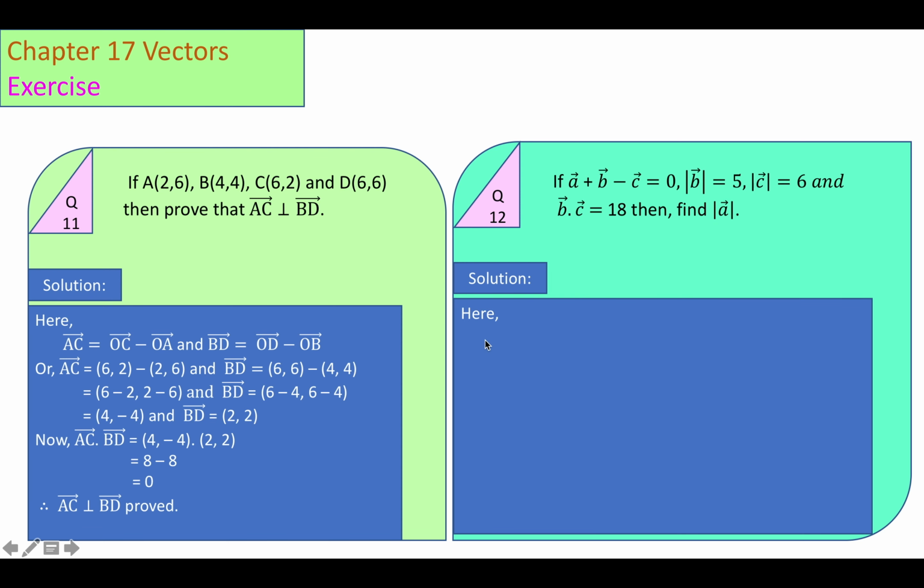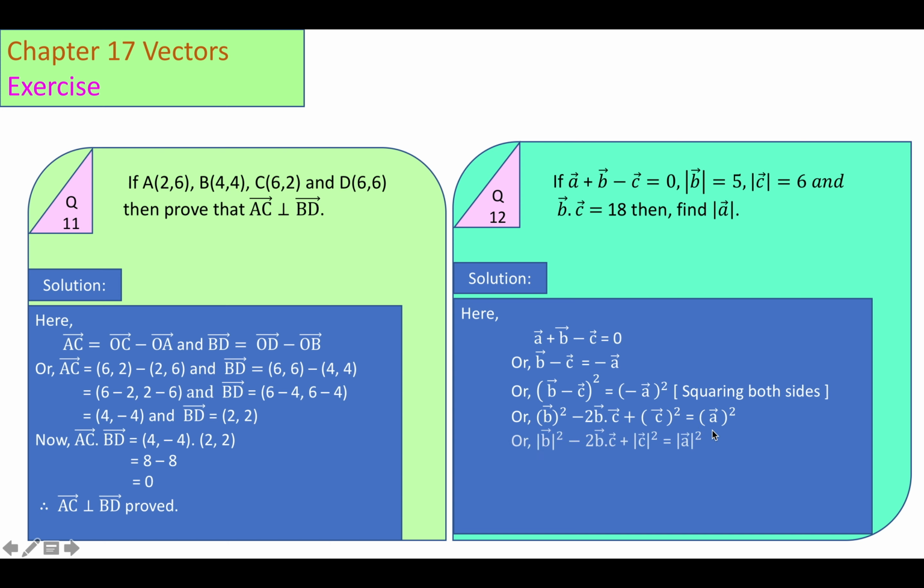Here, vector A plus vector B minus vector C equals 0 is given, so vector B minus vector C can be written as minus vector A. Squaring on both sides, vector B minus vector C whole square equals minus vector A whole square. Now we use the formula of (a minus b) whole square: vector b square minus 2 vector b into vector c plus vector c square equals vector a square.